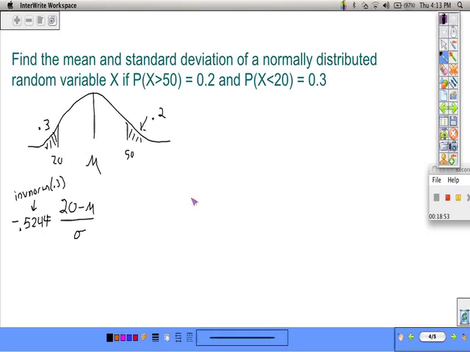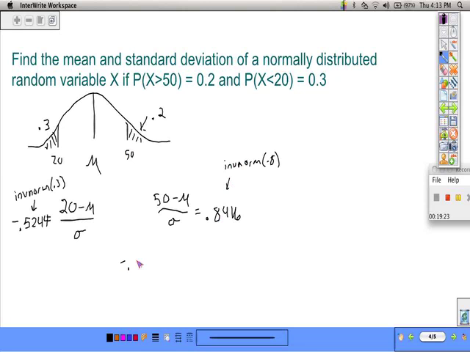And then we can also do a similar idea with 50. What we're going to look up is 0.8. So we're looking at 0.8 or using inverse norm 0.8, again, we have to look at what's the probability less than the 50. And we get a system of equations.